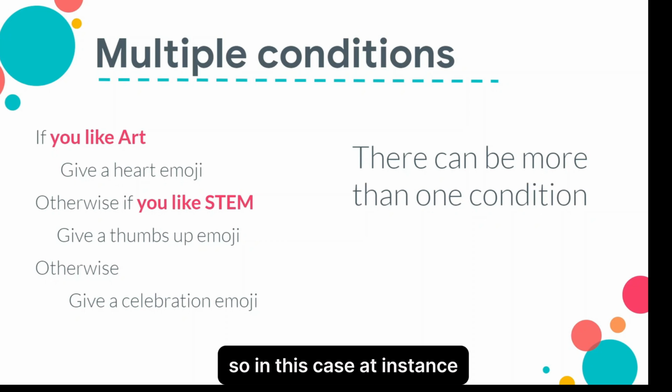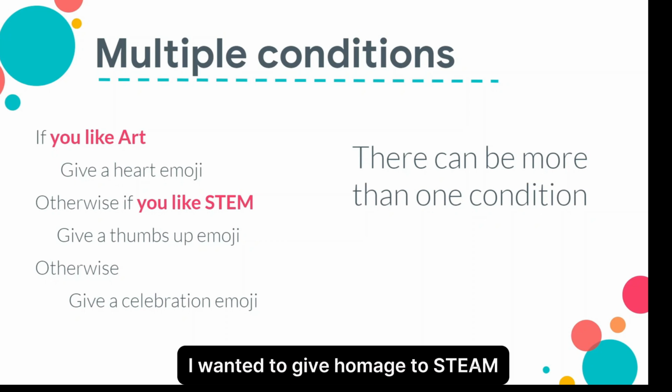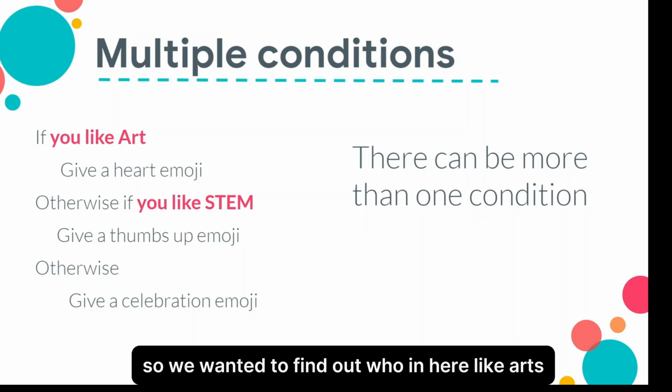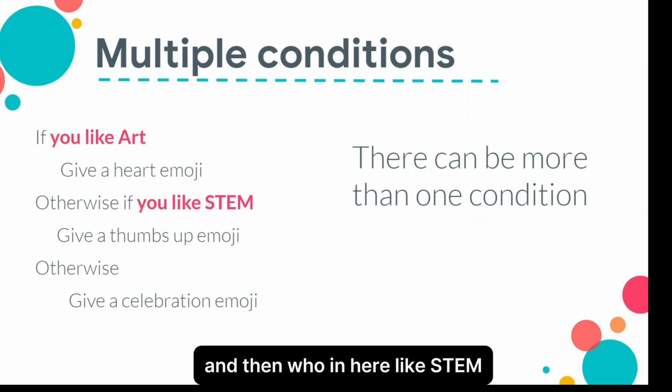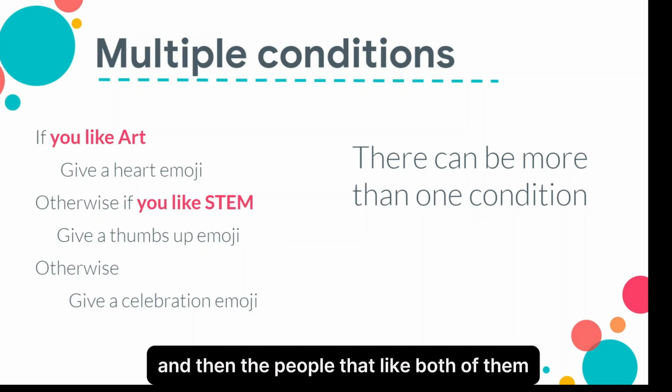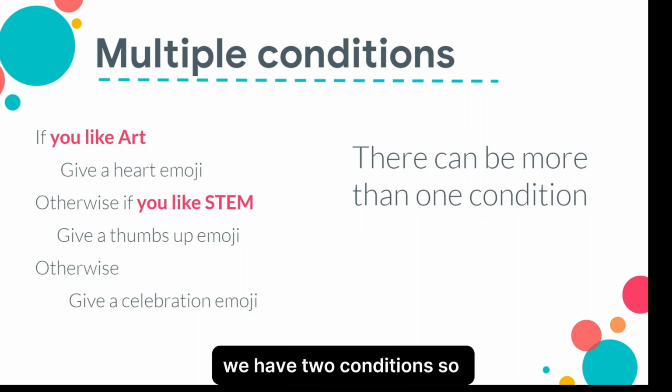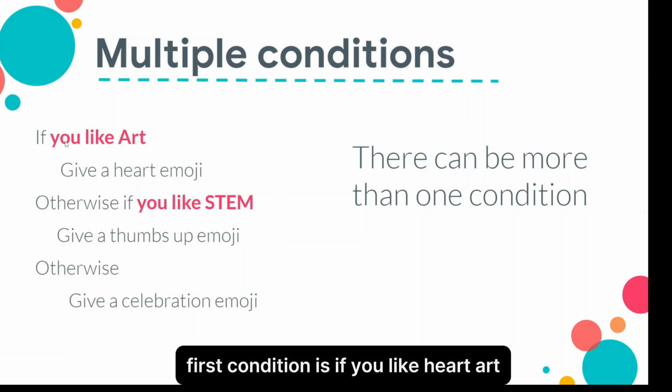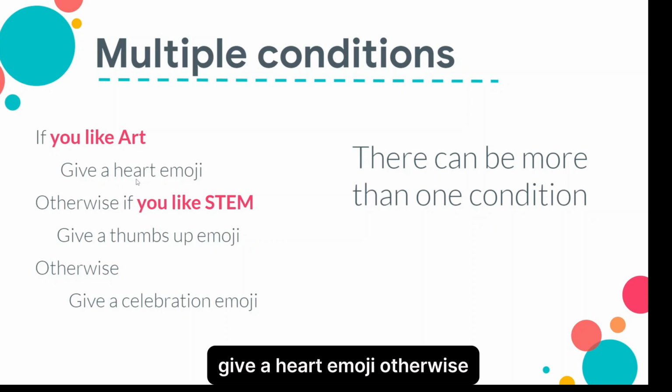So in this instance, I wanted to give homage to STEAM. We wanted to find out who in here likes arts, who likes STEM, and the people that like both of them. So if you see, we have two conditions. The first condition is, if you like art, give a heart emoji.